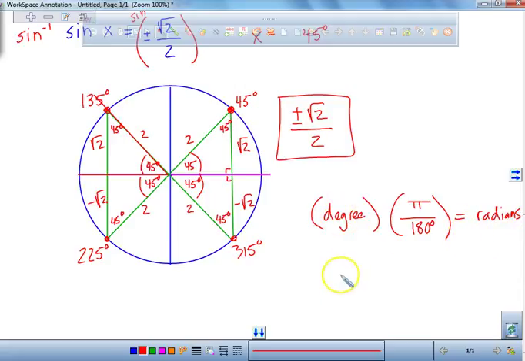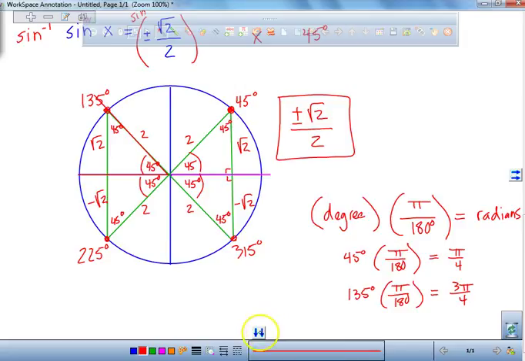So if I do 45 degrees times pi over 180, you are left with pi over 4. If you take 135 degrees and multiply by pi over 180, you are left with 3 pi over 4.